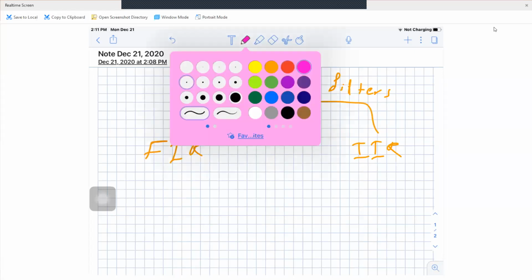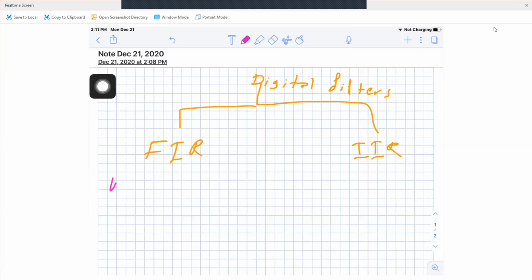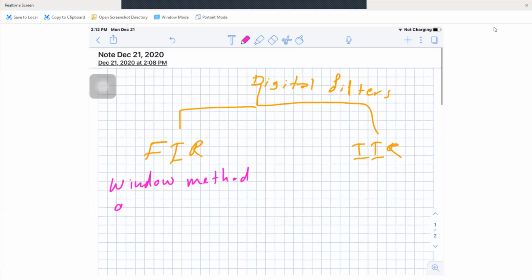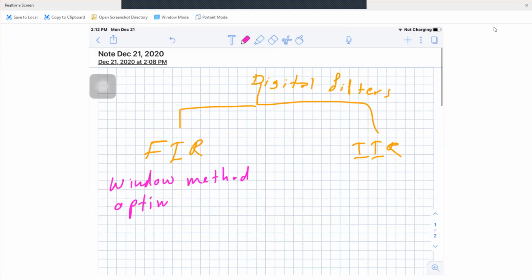For FIR filters, we are going to use what? We are going to use window method, optimal method, and finally we have bilinear Z transformation.